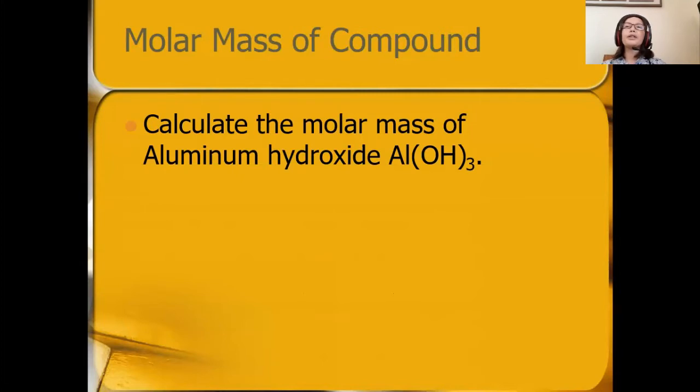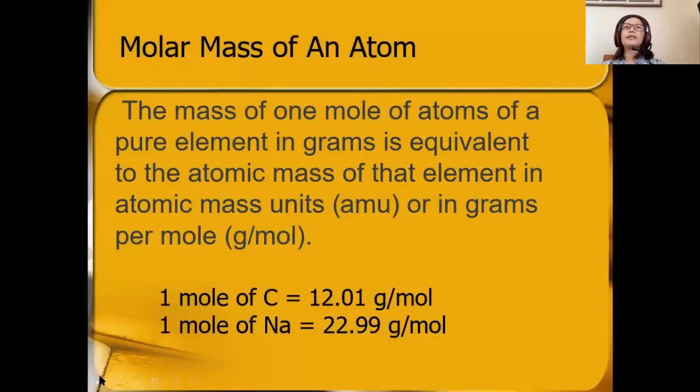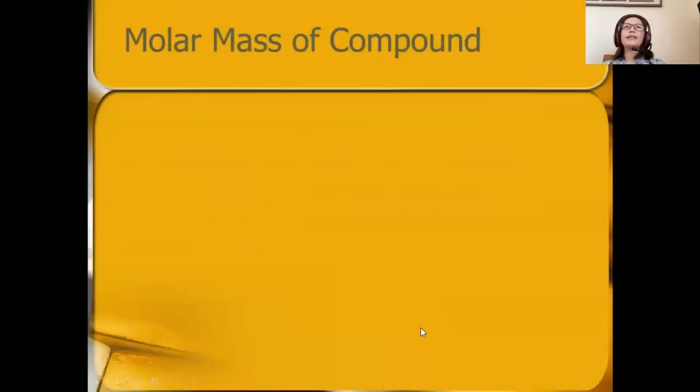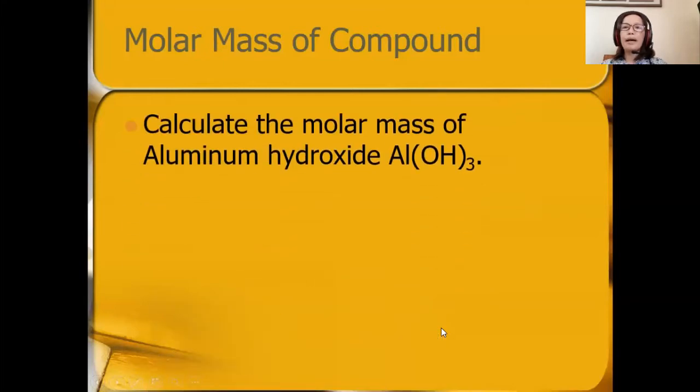So for the compound, the molar mass is taken by simply getting the total mass of the atoms in a compound. Say, for example, if we have aluminum hydroxide, its chemical formula is Al(OH)3.